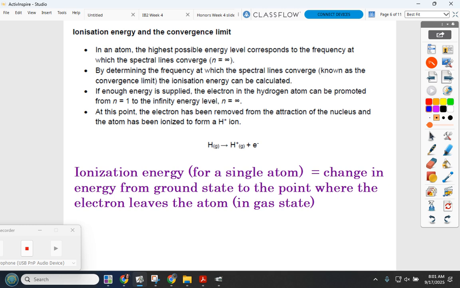So basically, if we have enough energy, the electron's going to go from a ground state to the infinite state, at which point the electron has been removed from the attraction of the nucleus and is forming an ion, okay? You'll notice that you have this equation here where we can think of it in terms of a single atom.